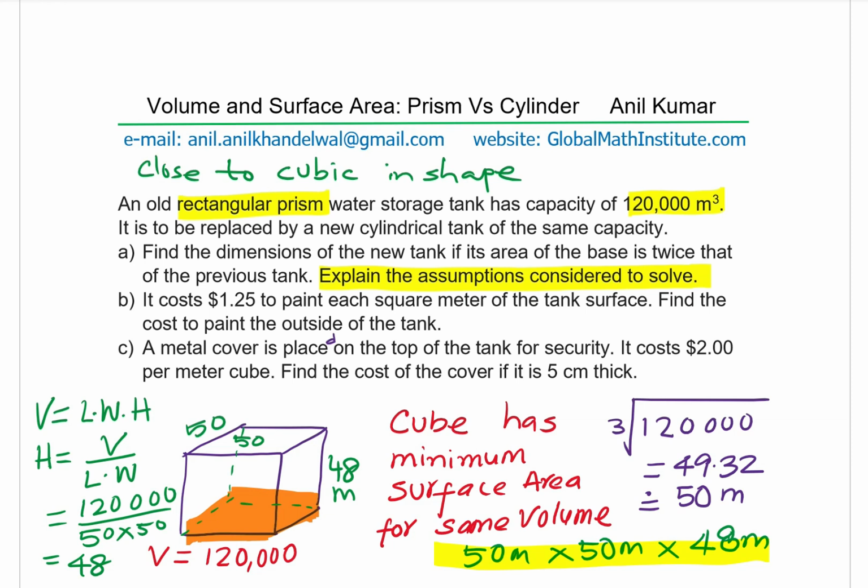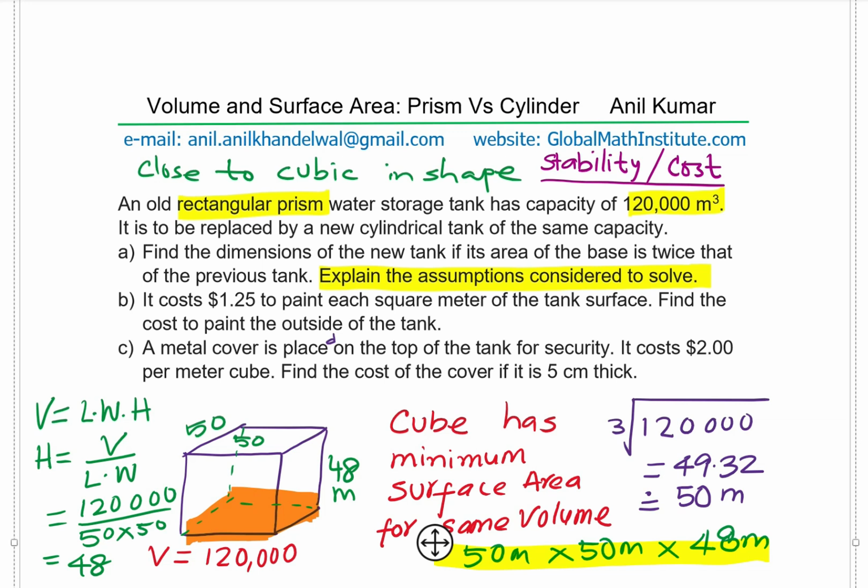So two important things which we need to consider in design are stability and second is the cost. Now, question for you is, why is it stable? That is a question for you to answer.